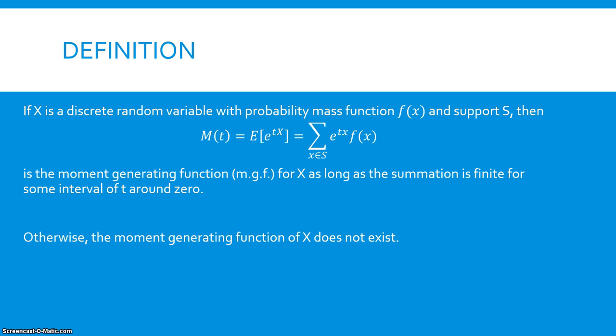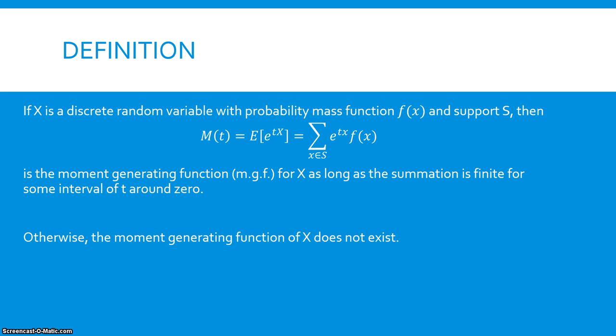So let's define the moment generating function. If x is a discrete random variable with probability mass function little f of x and support S, then the moment generating function, which we denote M of t, is equal to the expected value of e raised to the t times x power. If we want to write this as a sum, we'd be adding over all the values of x in the support, e raised to the t times x power, multiplied by f of x.